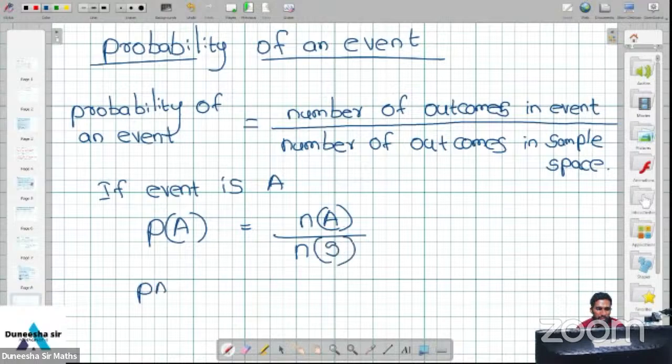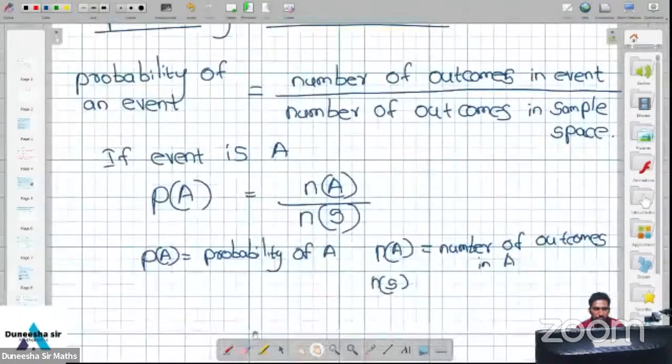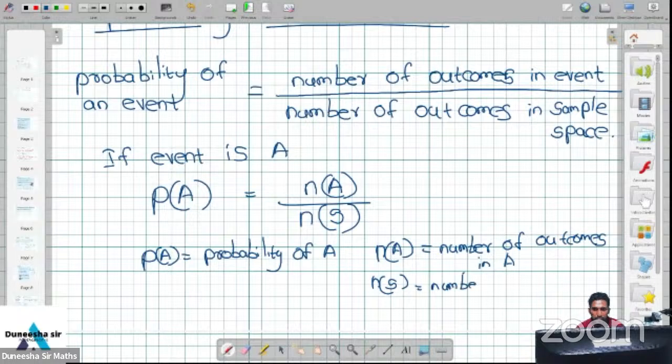P(A) equal to probability of A, N(A) divided by N(S), number of outcomes in sample space. Okay. After you finish, raise hand.